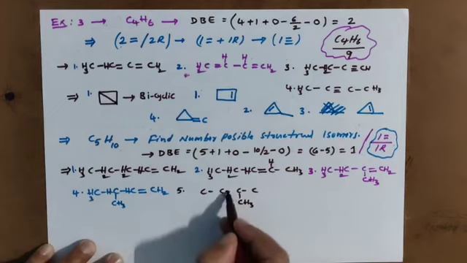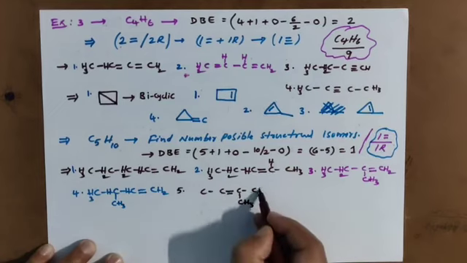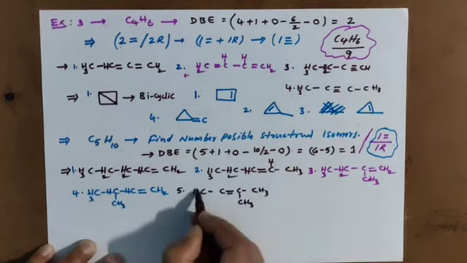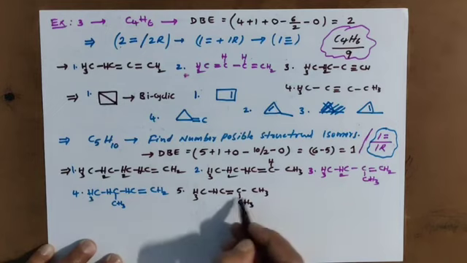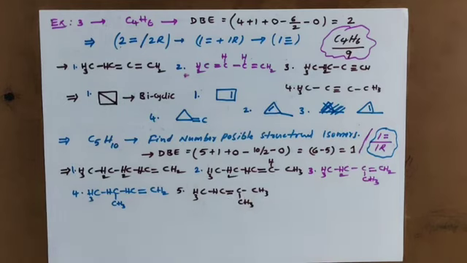Double bonded system here I am taking. Now CH3, CH3, this is CH. This is 4 we got. So in total 5 we got. So with one double bond, 5 structures we got.